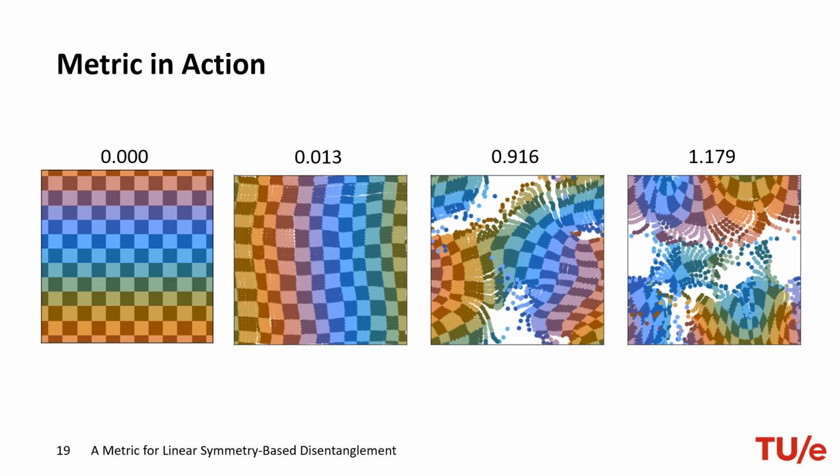We show the effects of using our metric on the encodings obtained with different degrees of linear symmetry-based disentanglement. You can see that when you have perfect disentanglement, on the left, our metric is actually 0, whereas when the linear symmetry-based disentanglement is worse, you get higher values of the metric.